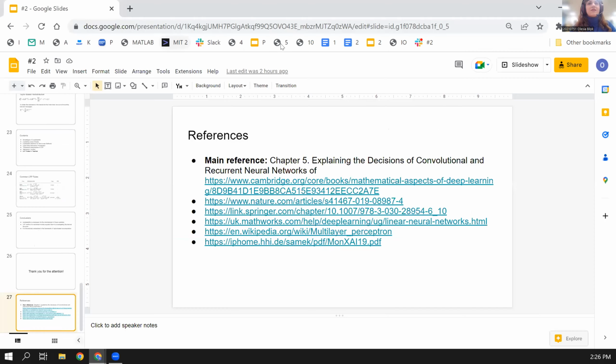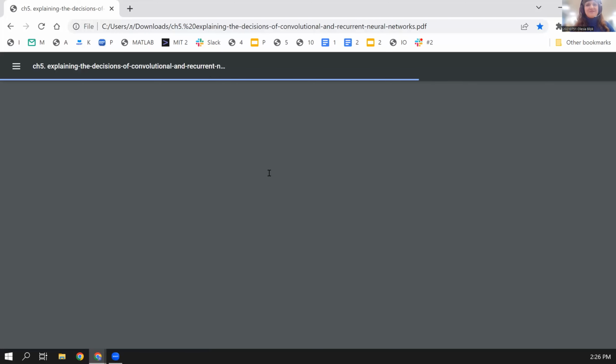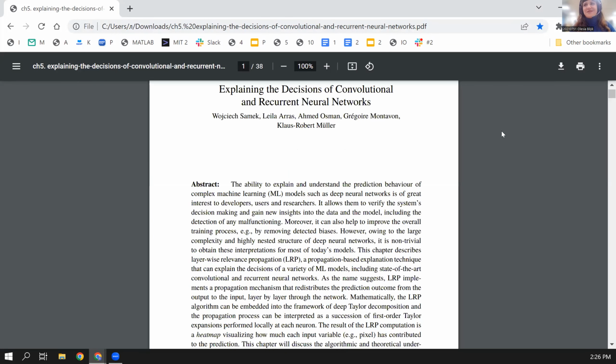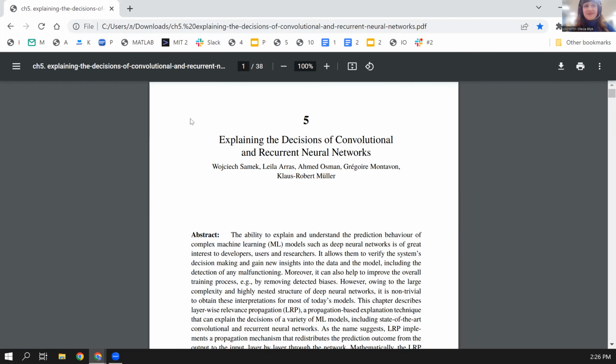Yes, thank you so much. Would you mind showing us the book where this chapter came from? I will open a particular chapter saved separately. That's the chapter I was talking about today. And the book itself is called Mathematical Aspects of Deep Learning. Right. Do you have the table of contents of the book also to share? Just one moment, yes.